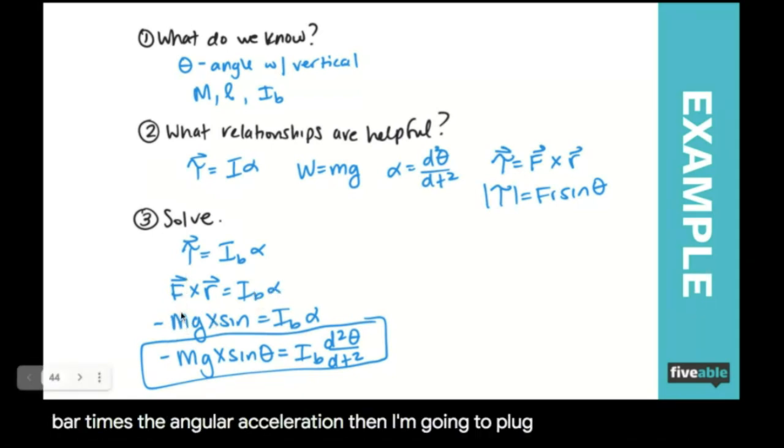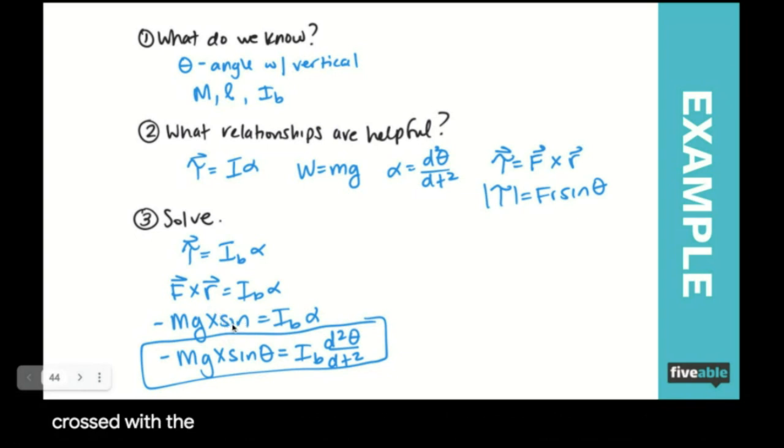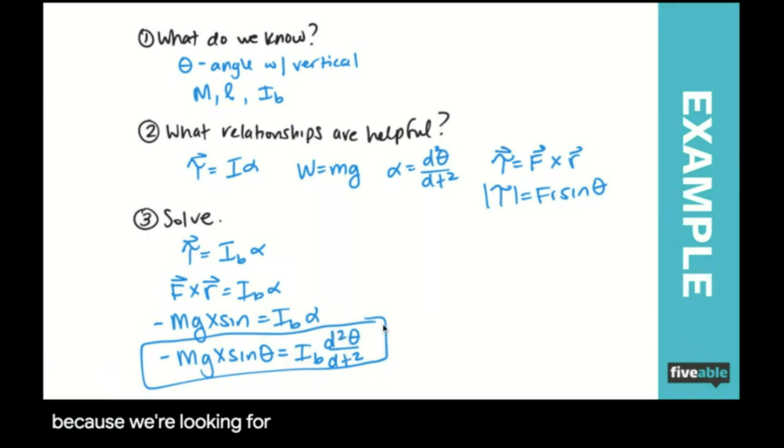Then I'm going to plug in for my force here. I didn't write theta, but this would be negative mg sine of theta, and it's crossed with the position, which is x. And then from here, all I did is plug in, because we're looking for the general formula for simple harmonic motion.